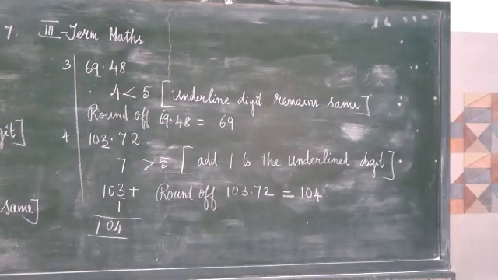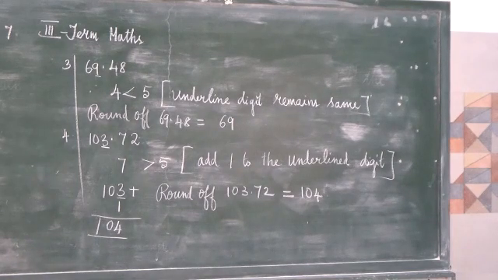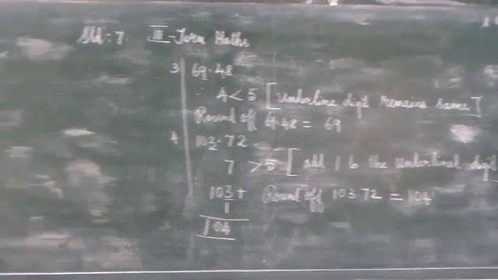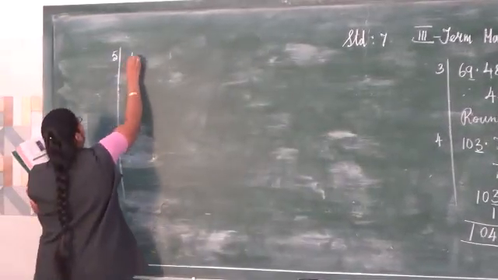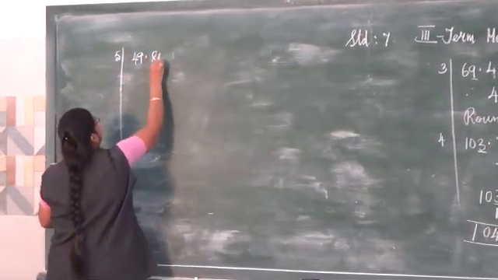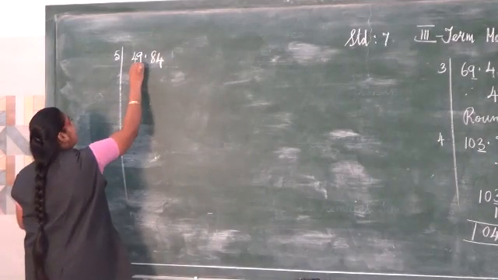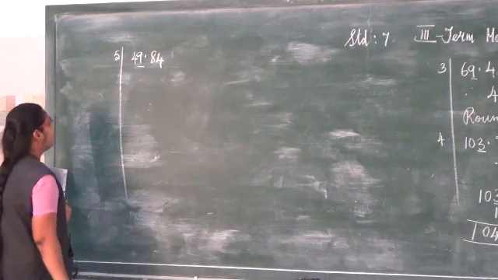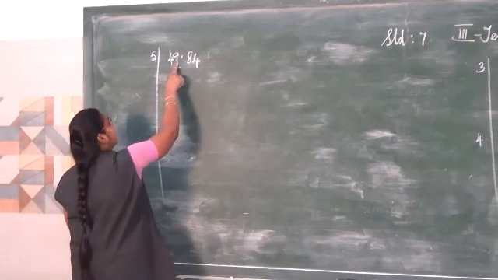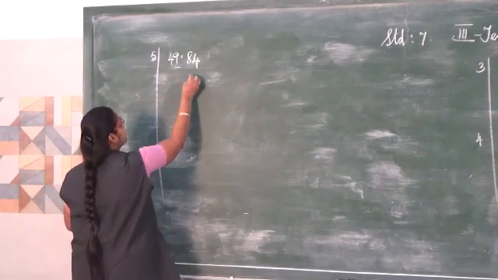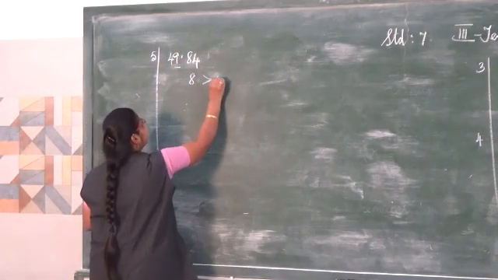So the next one, the fifth one, 49.84. The whole number part is 49, and 9 is the underlined digit. We have to see the next number. 8 is greater than 5.